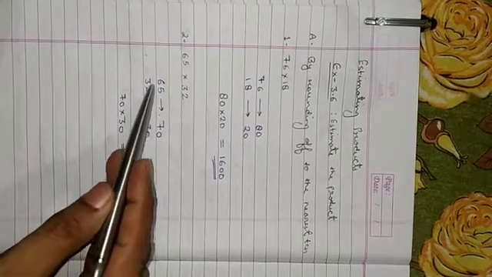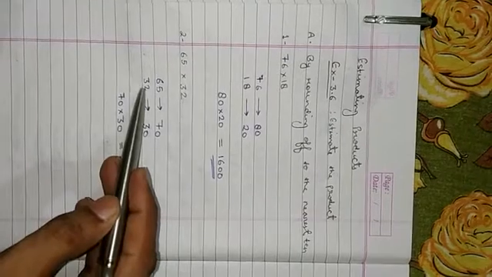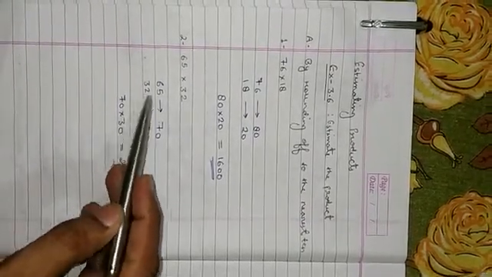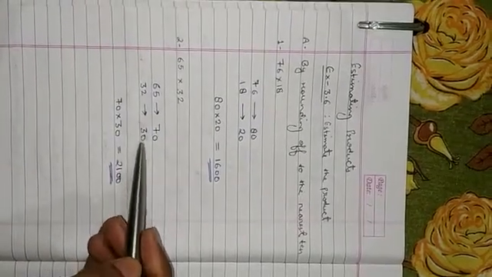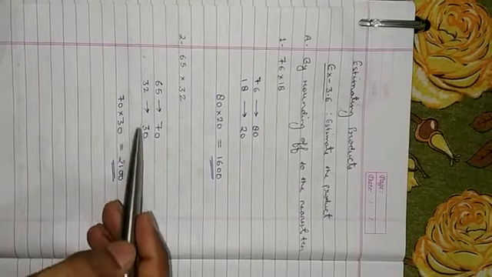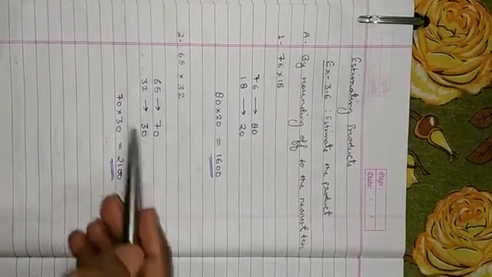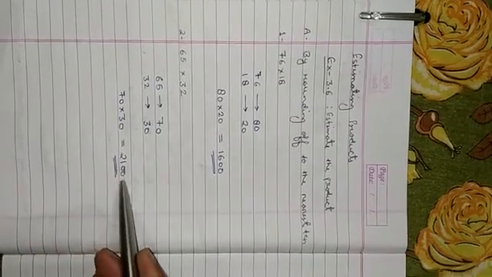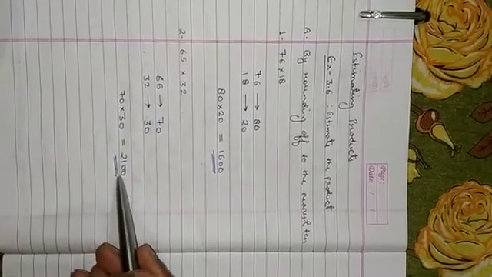And in the second number 32, the ones digit is 2. It is less than 5, so we will round off this number to the lower ten, means 30. 32 rounds off to 30. Now when we multiply 70 by 30, we get 2100. 7 3s are 21 and 2 zeros after this.